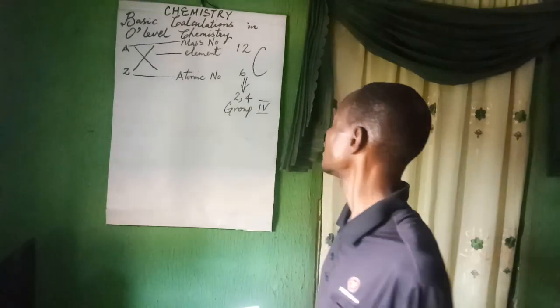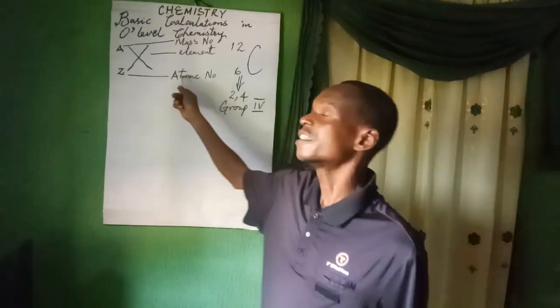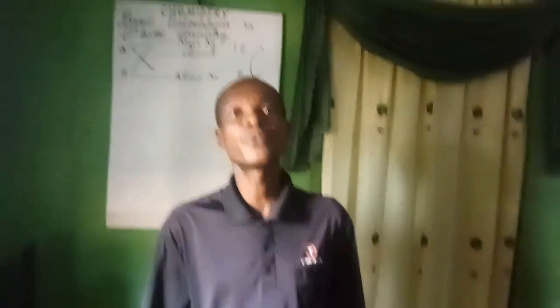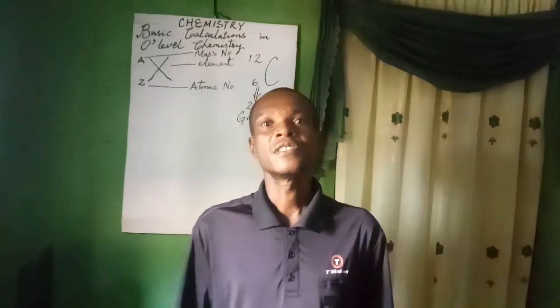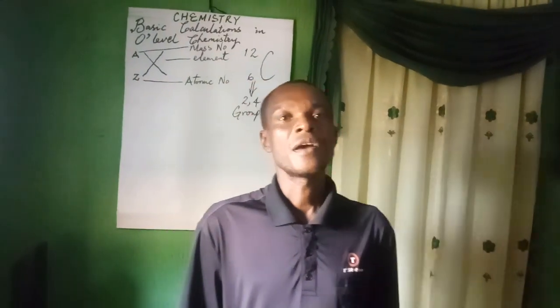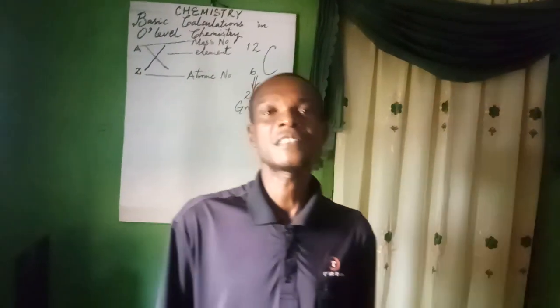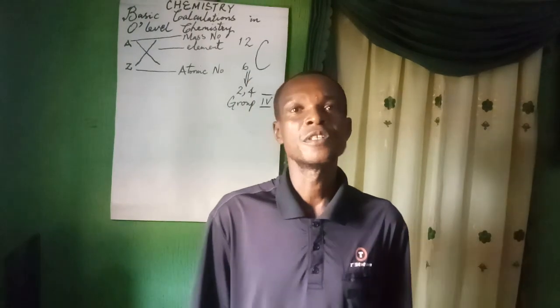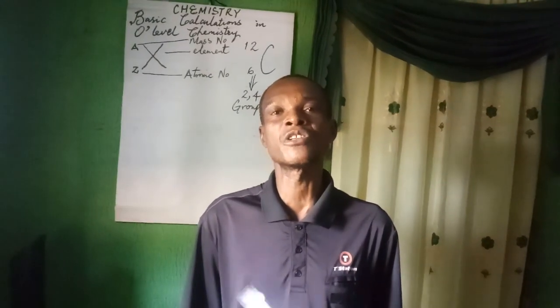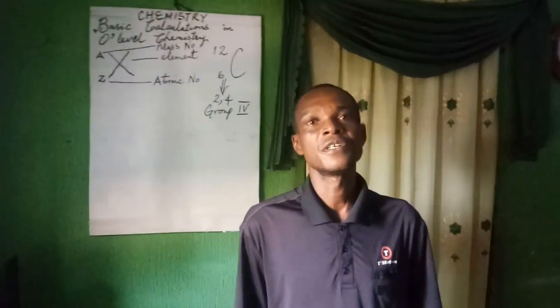The atomic number, like I have said, is the number of protons in the nucleus of an atom. And chemistry teaches us that in a neutral atom, the number of electrons is usually equal to the number of protons.